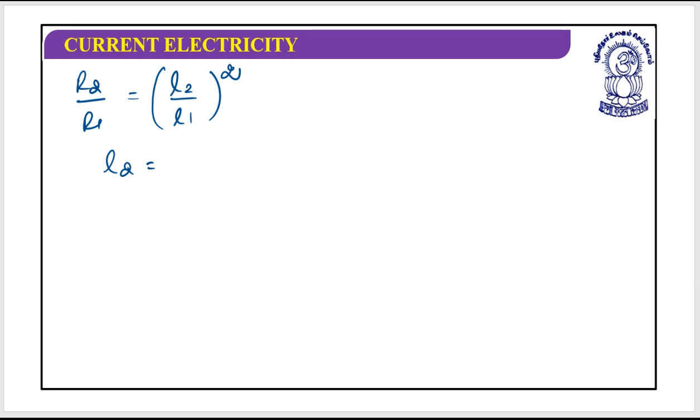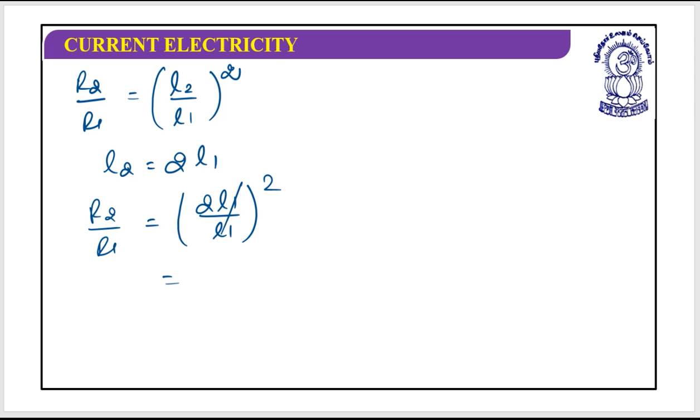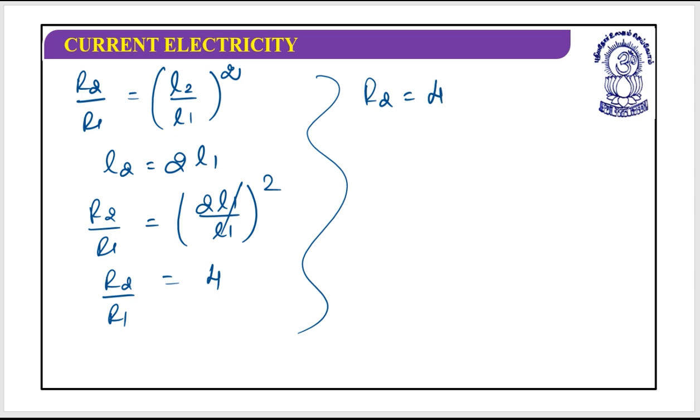As the data said, L2 should be equal to 2L1. So R2 by R1 is equal to 2L1 divided by L1 whole square, and if I cancel this, it is 4. So R2 divided by R1 is equal to 4, so R2 should be equal to 4 times R1.